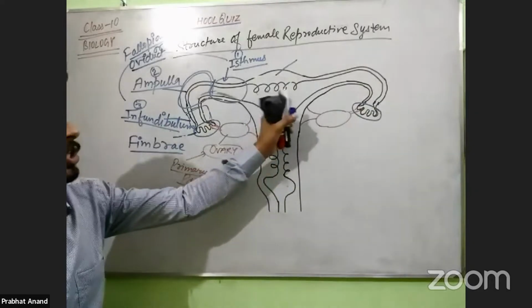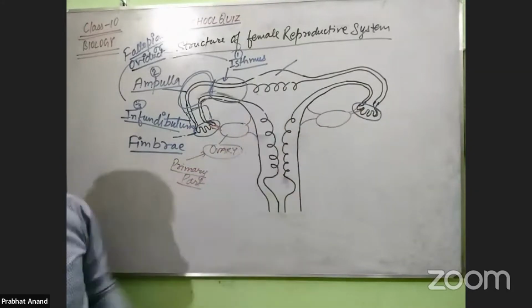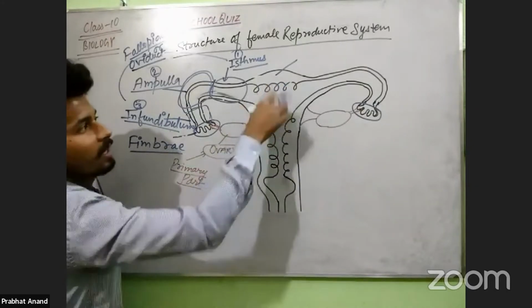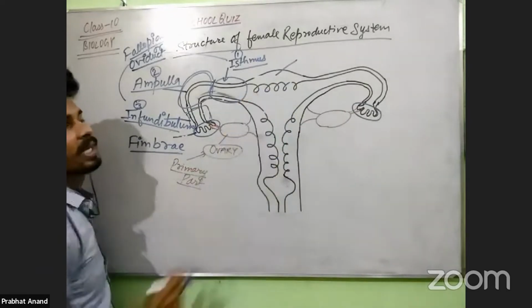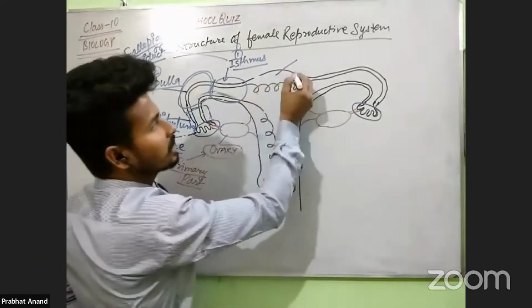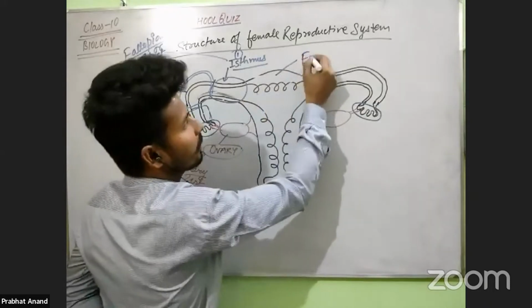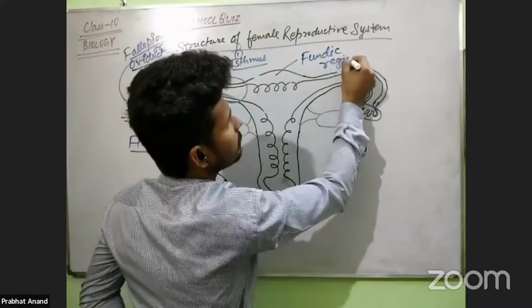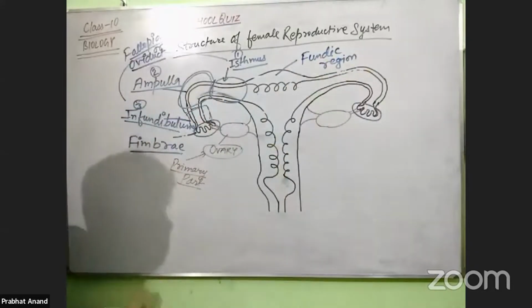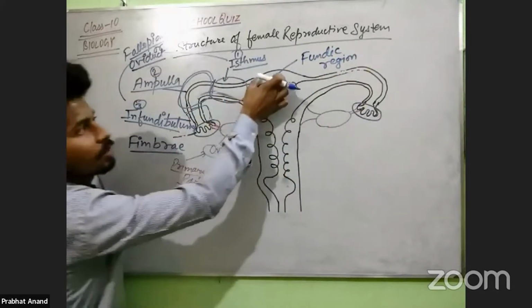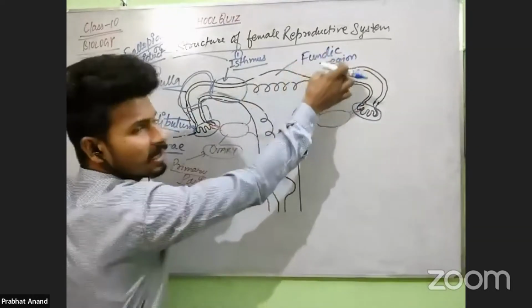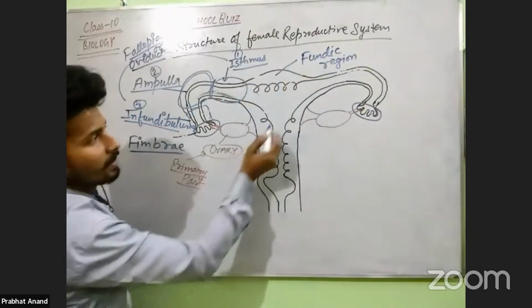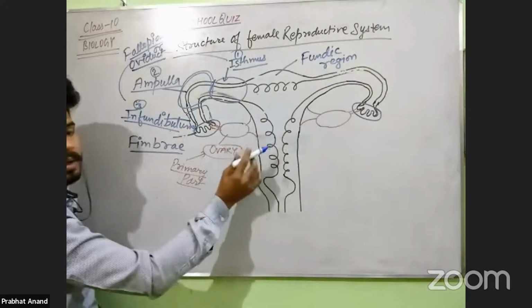And this part is called the fundus or fundic region. Got it? This region is called the fundus or fundic region. Everyone? Yes, sir. Is it clear?